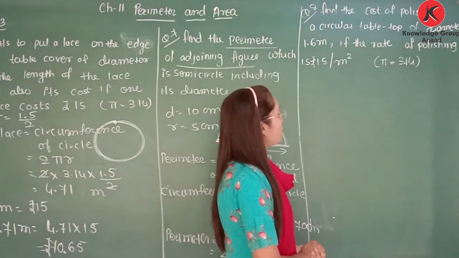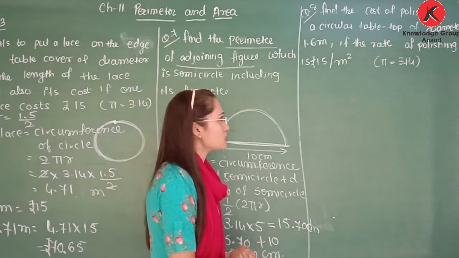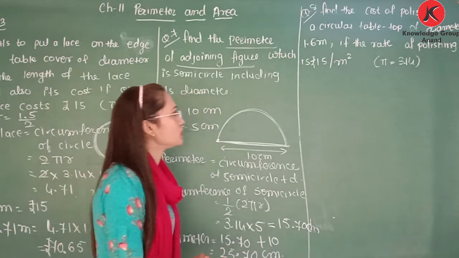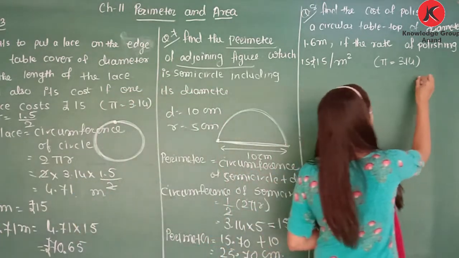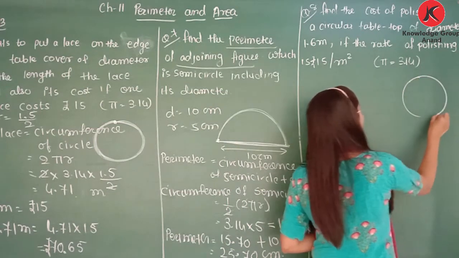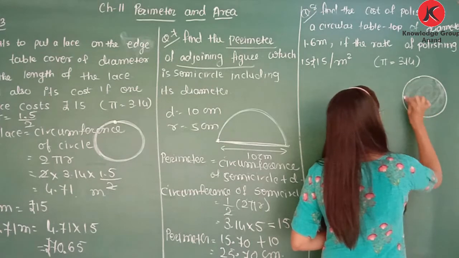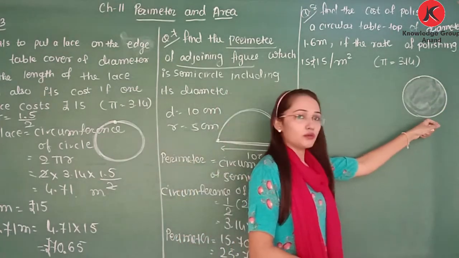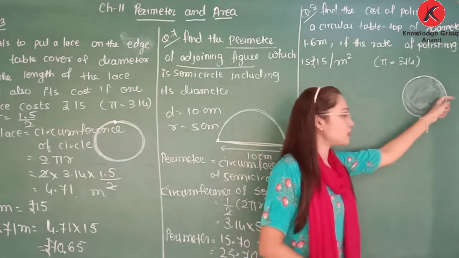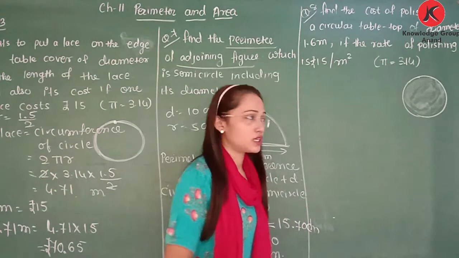Find the cost of polishing a circular tabletop of diameter 1.6 meter if the rate of polishing is rupees 50 per meter square. So here the tabletop needs to be polished. A circular table is given and we need to polish this area. We need to concentrate on area because we are covering the whole surface of the table. That's why we need to find the area of a circle.